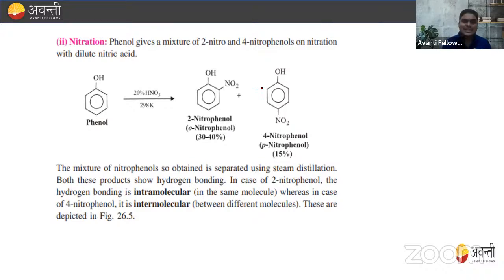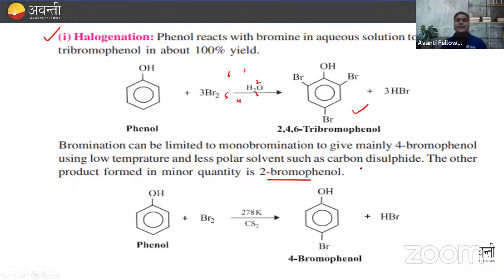Yes, beta. Basically, why in case of aqueous, or we say H2O, is the ring highly activated? Highly activated means that electron density is very high at all ortho and para positions. But in case of CS2, it is at low temperature and CS2 is less polar. Here I'm writing the reason also: low temperature and a less polar solvent such as carbon disulfide.